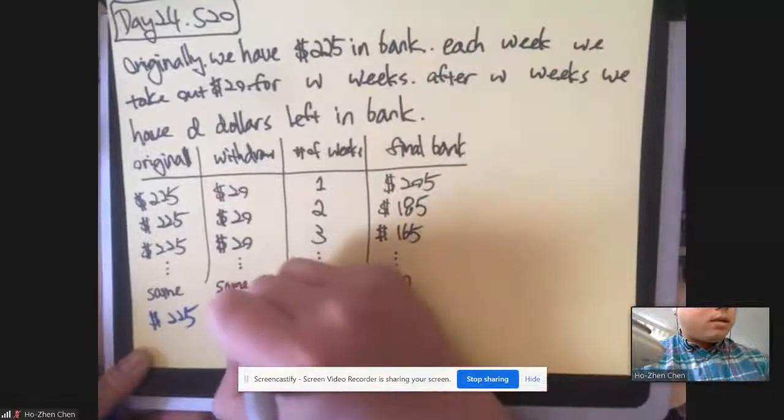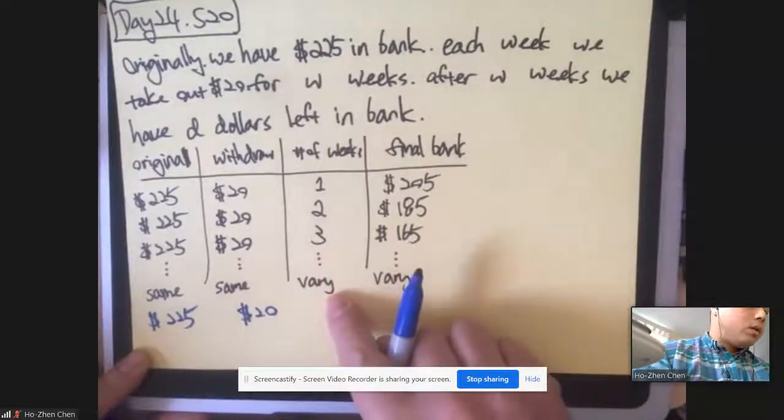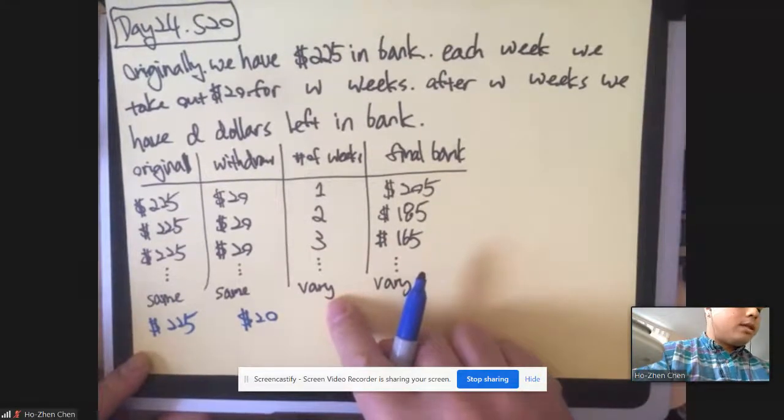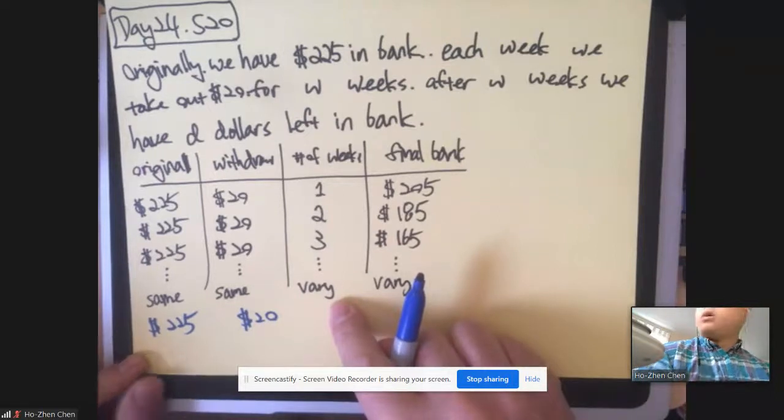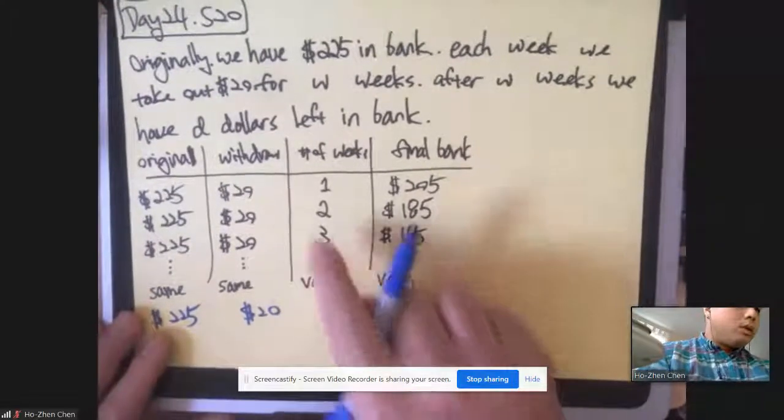The $20 remains the same. Now this thing varies. Within the question statement, let's see if we have anything representing the amount of weeks that's passed since the original $225.